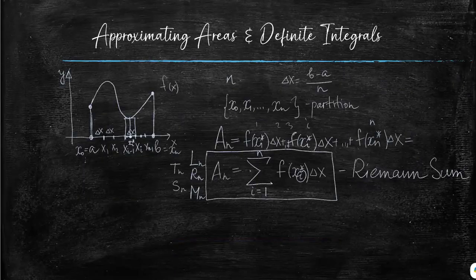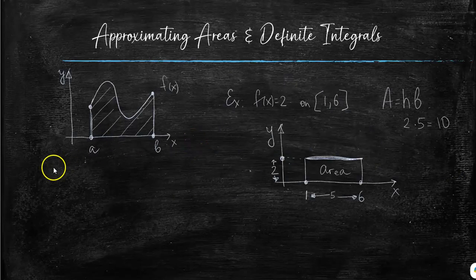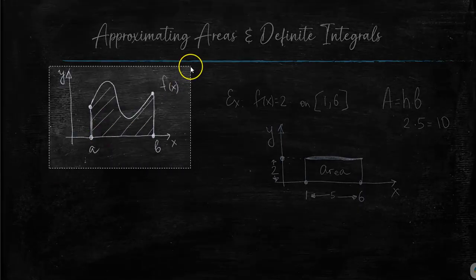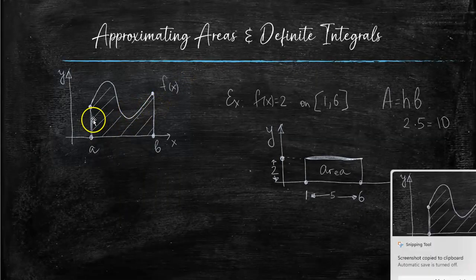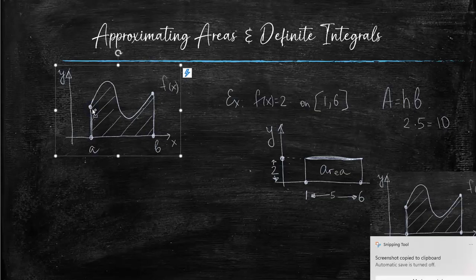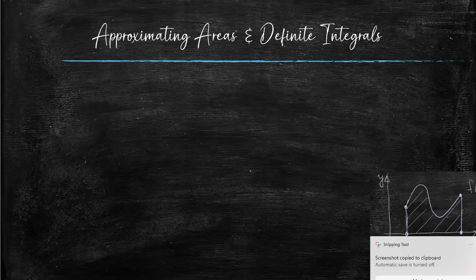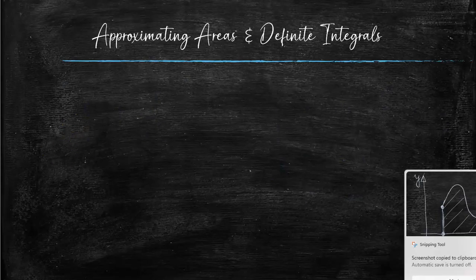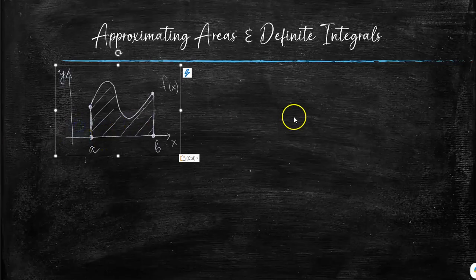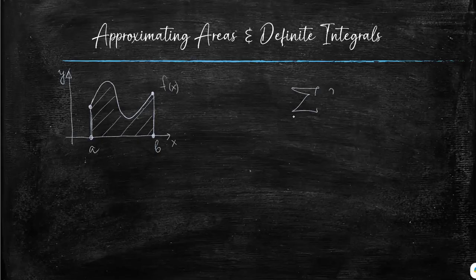We started the class by asking how to approximate the area under the graph of a function. So if we are looking for the area, we must aim for building the Riemann sum with as many rectangles as we can.